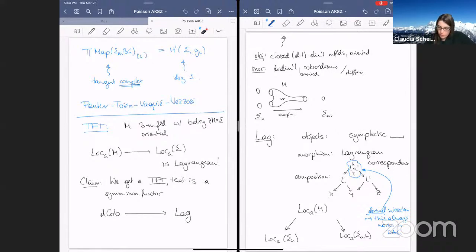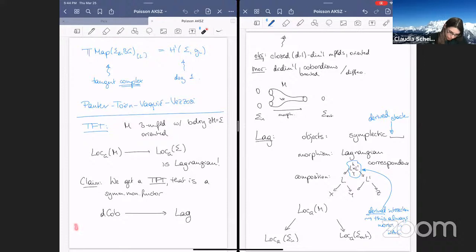So here, this is really now in derived algebraic geometry, so that means here I have to put derived stack. In this case, it's a derived algebraic stack, but whatever. And then the setup is that this is actually really a symmetric monoidal category.